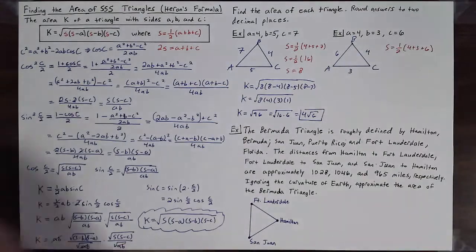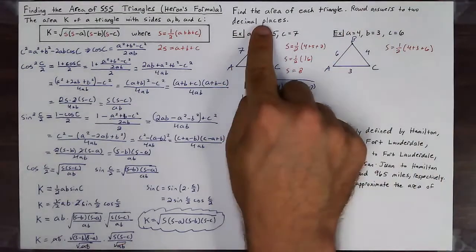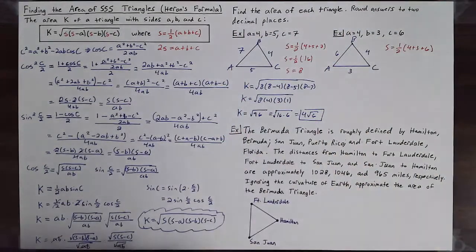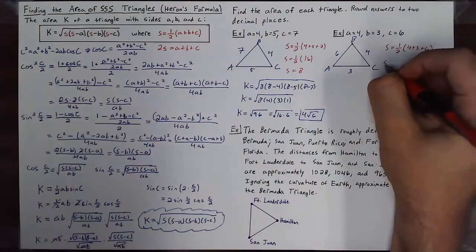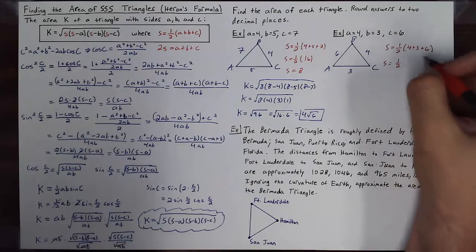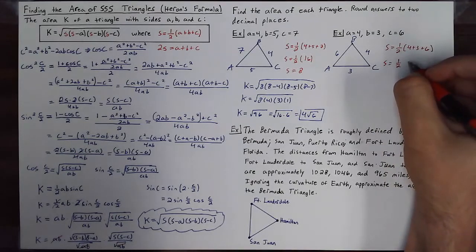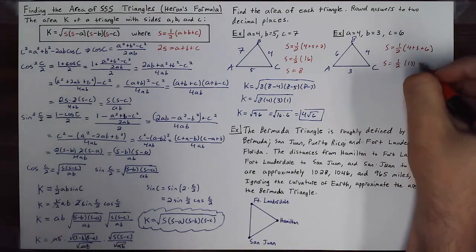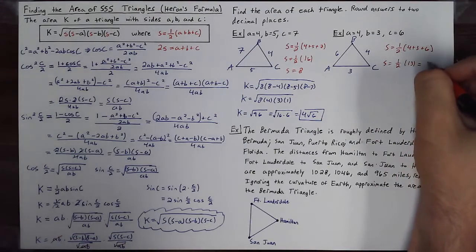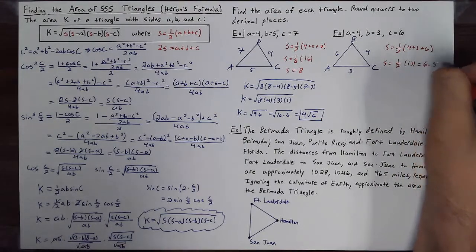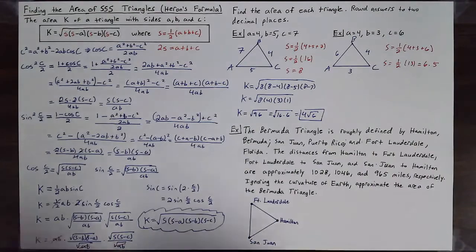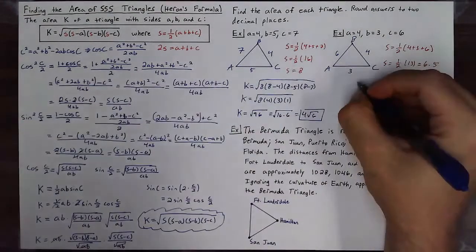Oh, I'm realizing here I need to round my answer to 2 decimal places, so I'm going to come back to this answer in just a minute because I'm going to need a decimal for it. So S would equal 1/2 of 7 plus 6, which is 13. So that can also be written just as 6.5. And use my formula to show a faster way to write it all out.